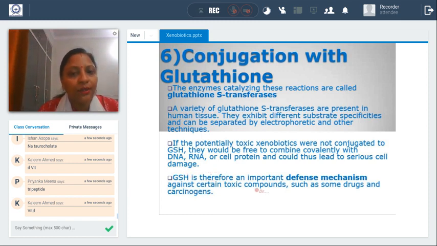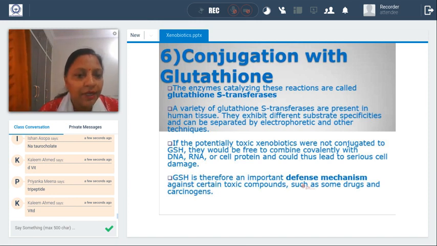So GSH is therefore an important defense mechanism against certain toxic compounds such as some drugs and carcinogens or cancer-producing agents.